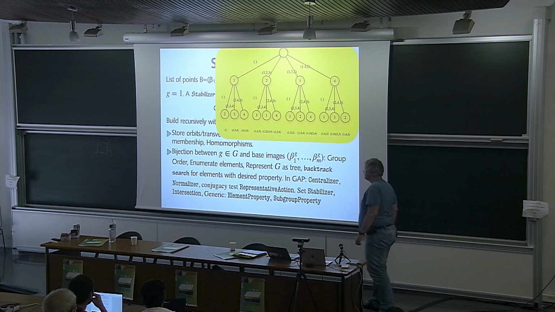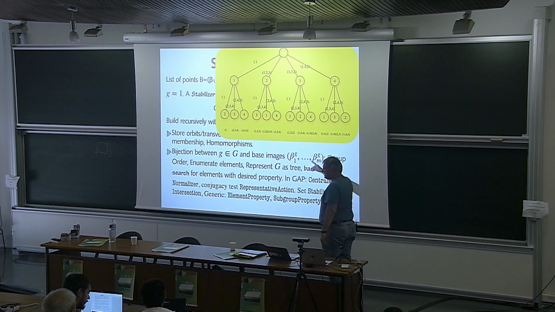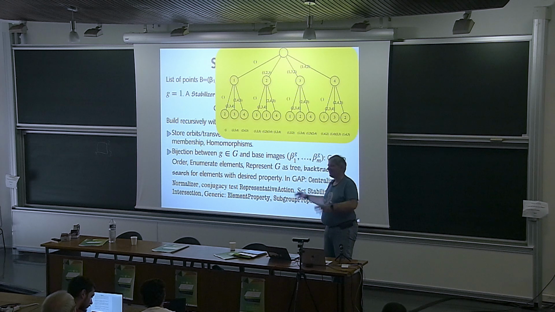Of course, I'm still running through all elements. If my group has 10 to the 20 elements, by memory I can do it, by time not. So the crucial thing, and that is the usual bad thing, the most interesting bit people don't tell you, and I'm not telling you because that gets quickly quite messy combinatorial problems.